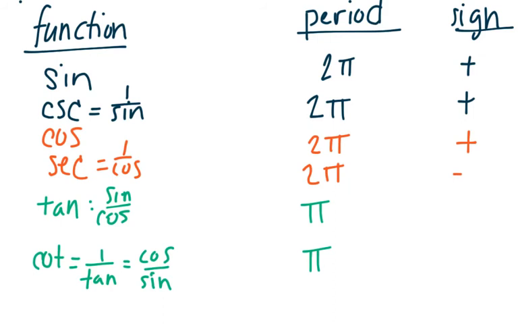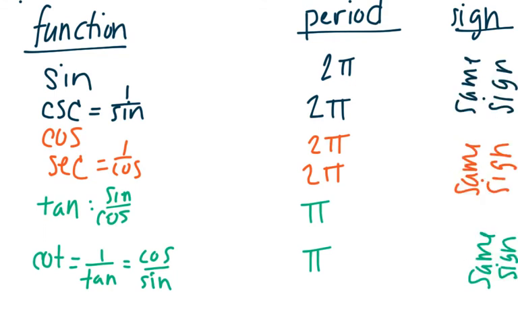If our cosine is positive, our secant also has to be positive. So they have to be positive together or they have to be negative together. And then also the same has to be true of our tangent function. So perhaps it would be more appropriate to say that they have the same sign over a given interval.